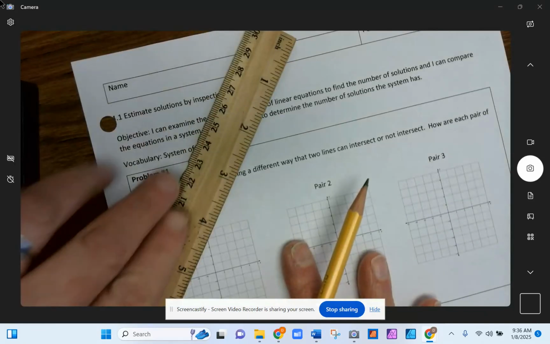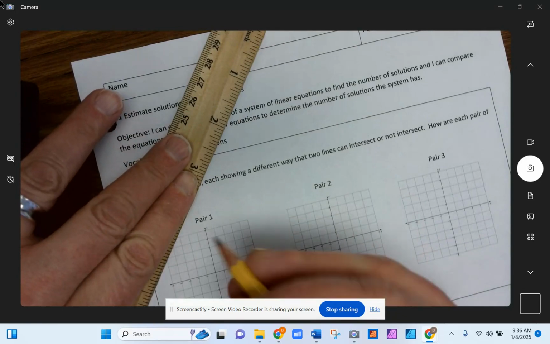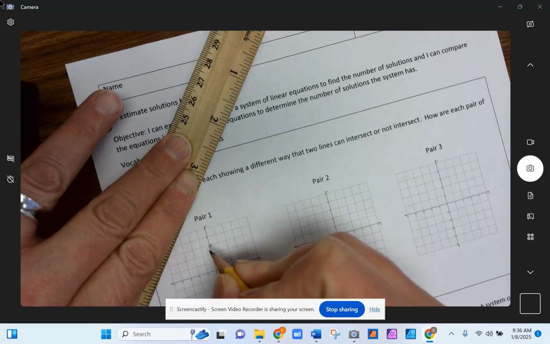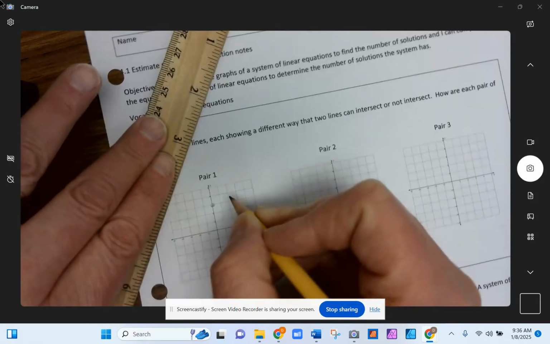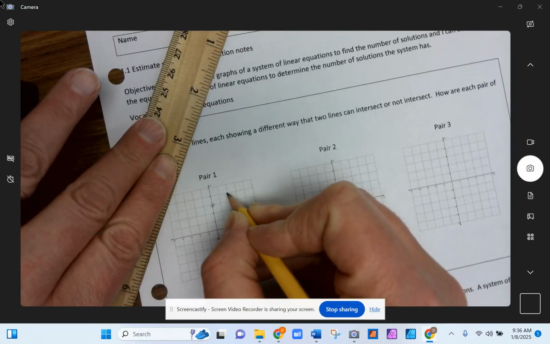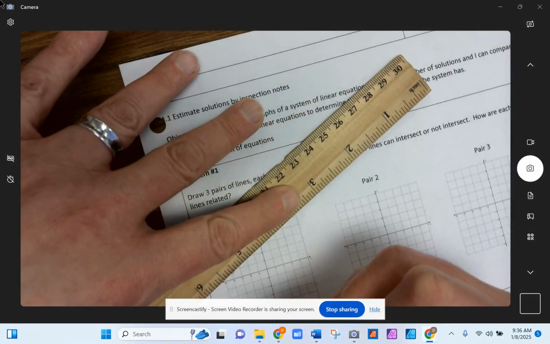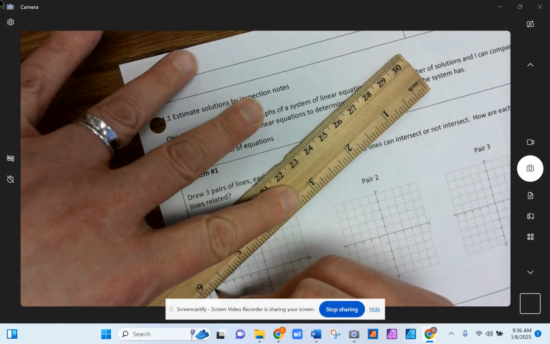What I'm going to do is draw a line for pair 1 that crosses here, and then starts here at the y-intercept, and then goes up 1 and over 2. So I've got this line right here, so that's one line, okay?